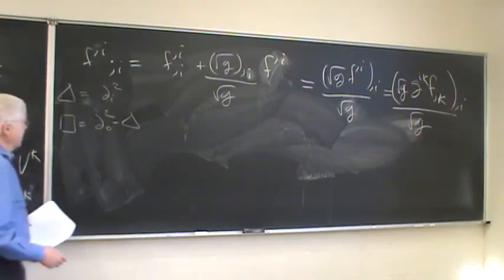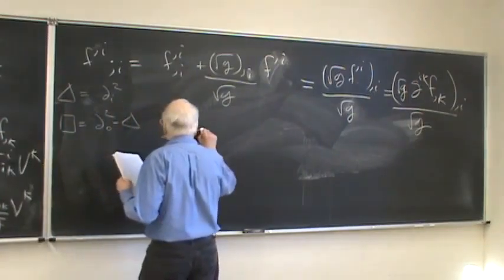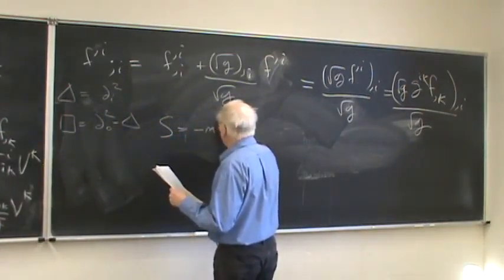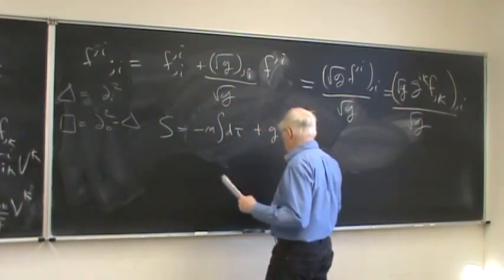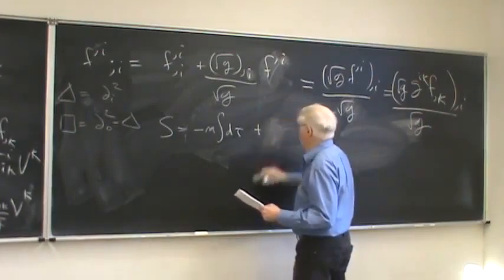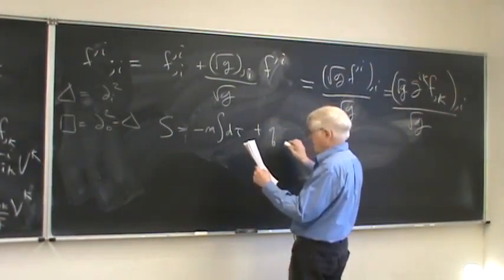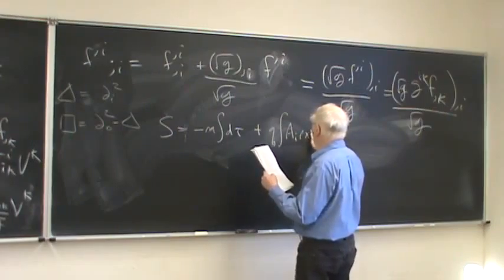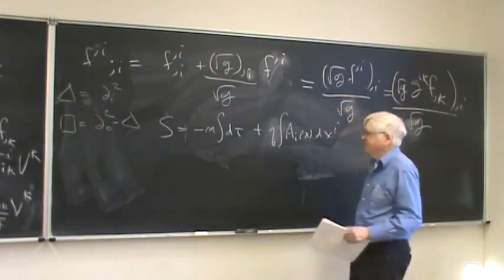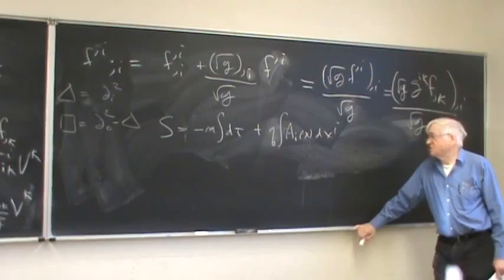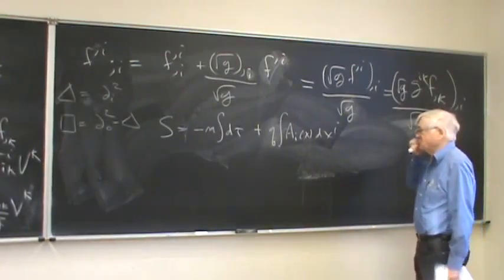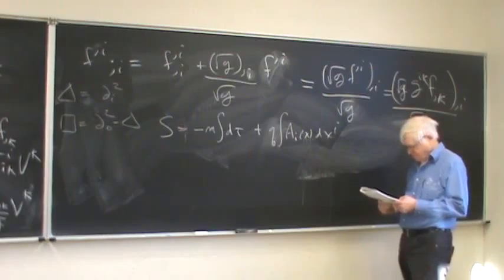So let's write down the action for a particle of charge Q, which of course I wrote G by mistake. Okay, so this is an action for a particle of mass m and charge q in an electromagnetic field, and we're talking in terms of special relativity as opposed to general relativity.